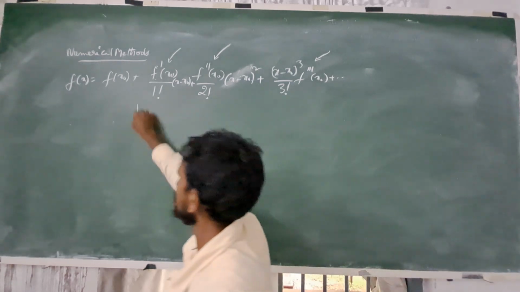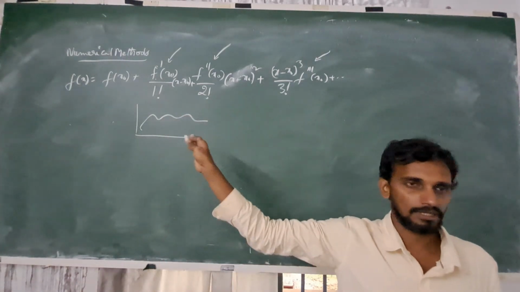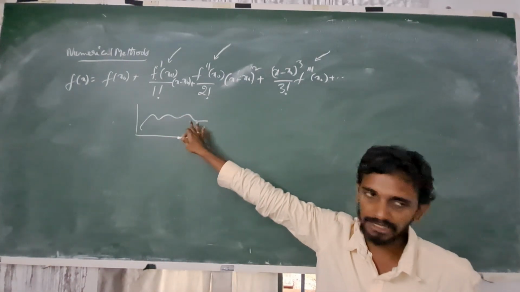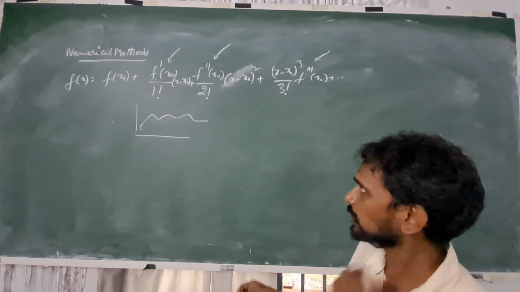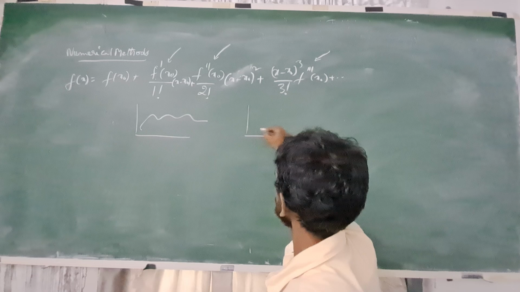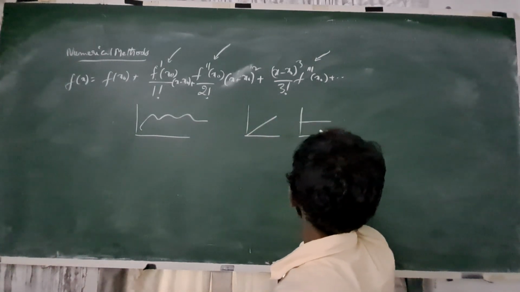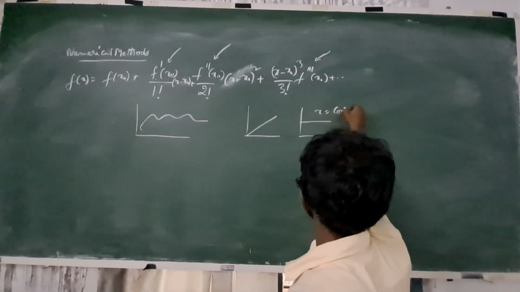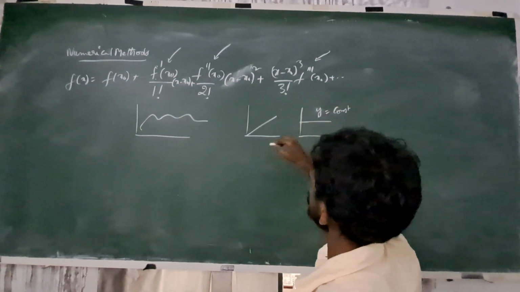Let's say you are given some random graph like that. Some function is existing like that. Okay. So what all you know is, let's say, this is the graph of y is equal to constant.